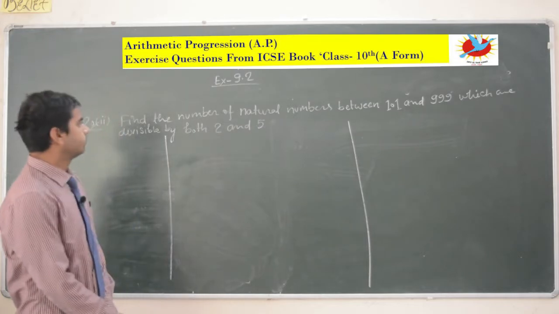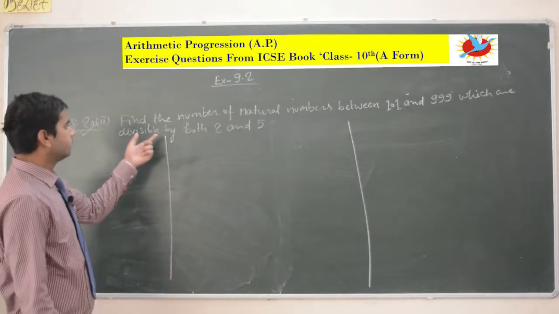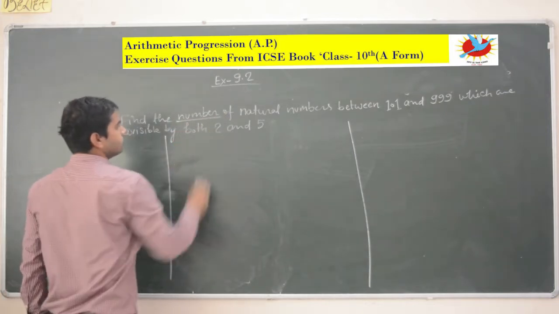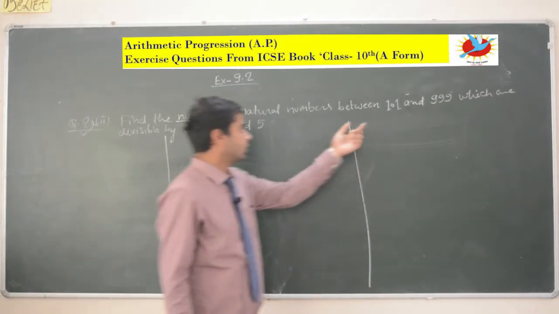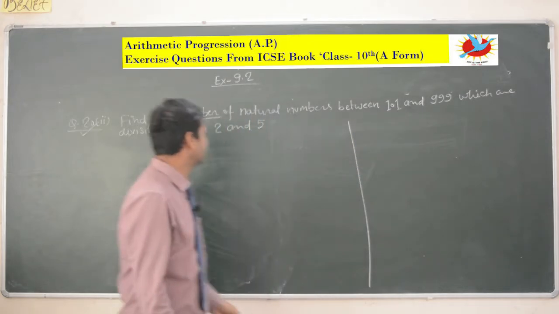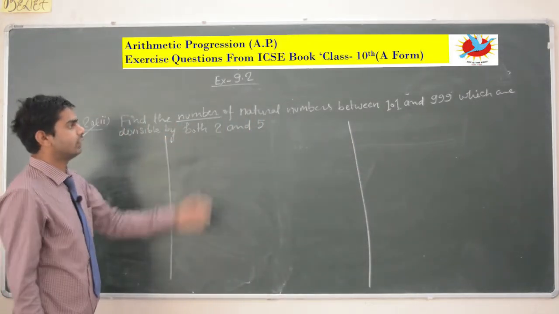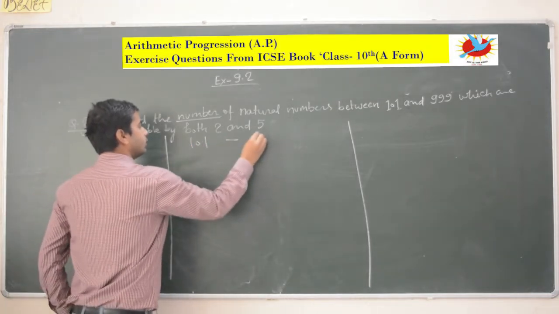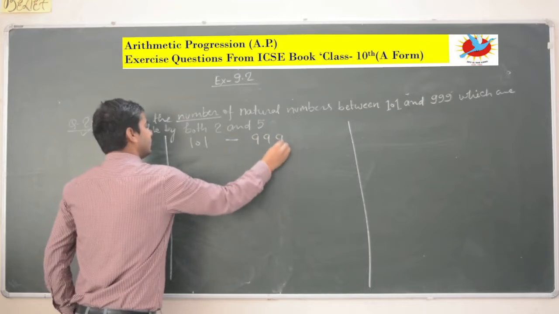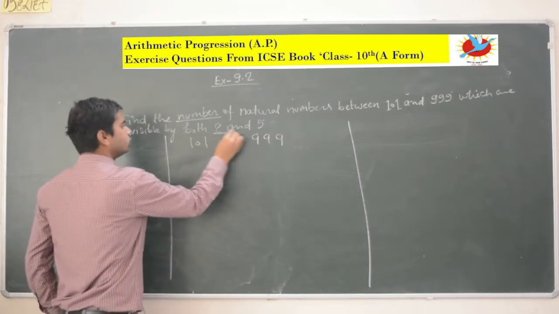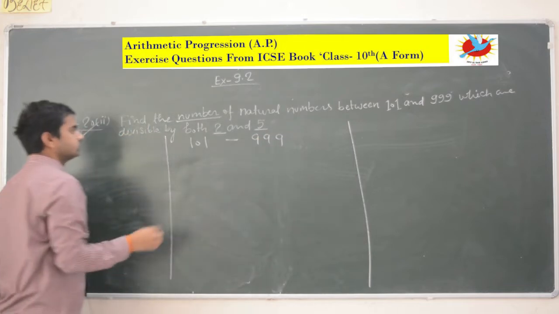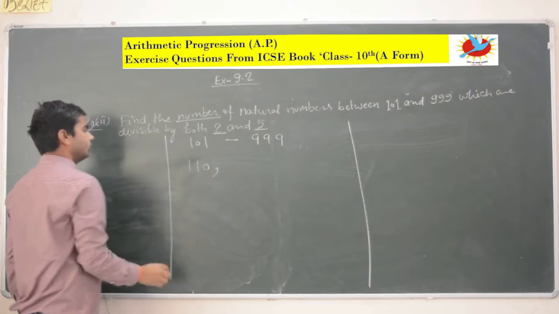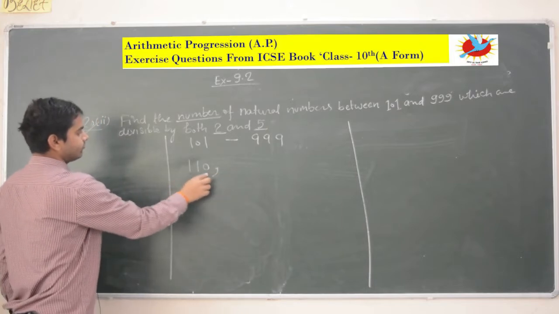Next problem is, we have to calculate the number of natural numbers. We have to tell how many natural numbers between 101 and 999 are divisible by both 2 and 5. So if we write the numbers between 101 and 999 that are divisible by both 2 and 5, the first such number will be 110. Okay, 110 is divisible by both 2 and 5.